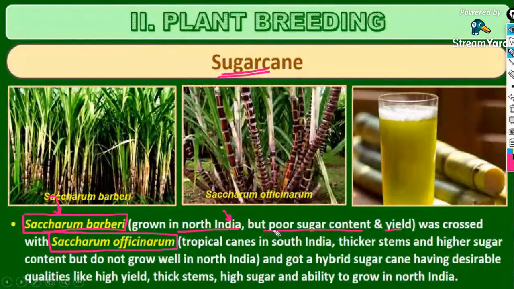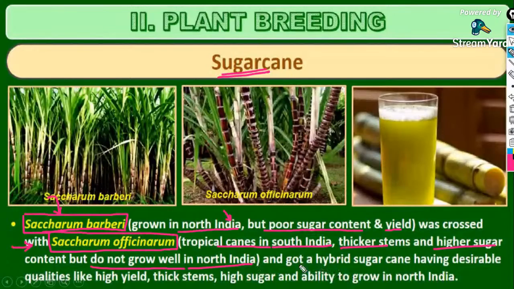And what did the researchers do? They crossed it with a particular type of sugarcane grown in the tropical cane regions of South India, which has thicker stems and higher sugar content, that is Saccharum officinarum. But it did not grow well in North India. That is why it flourished in the tropical regions of South India.